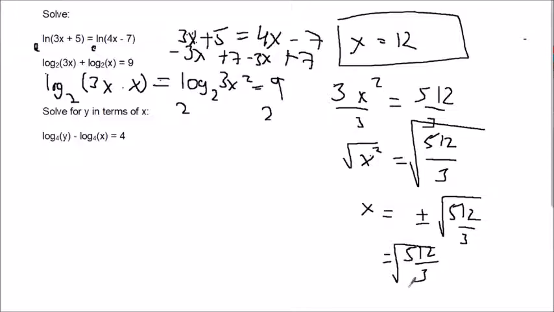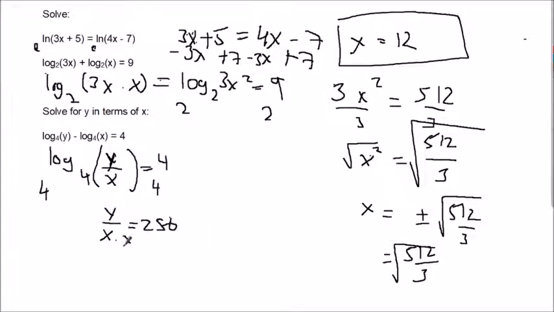Now solve for y in terms of x. Log base 4 of y minus log base 4 of x is equal to 4. We want the y, so using the quotient rule, we can combine these two together. Now we have log base 4 of y over x is equal to 4. We can take the fourth power of both sides. We will have y over x is equal to 256.